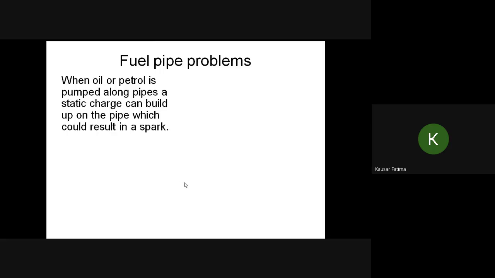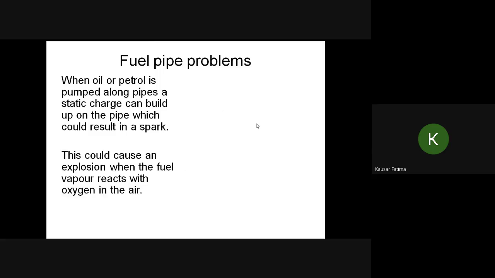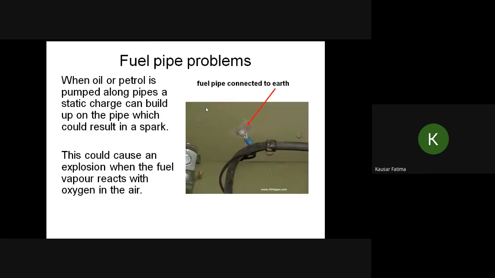Fuel pipe problems, and this happens especially when refueling of an aeroplane is done. Our petrol in cars, like vehicles at the pumping station to get the petrol, can also have the same problem, not only for the aeroplane.